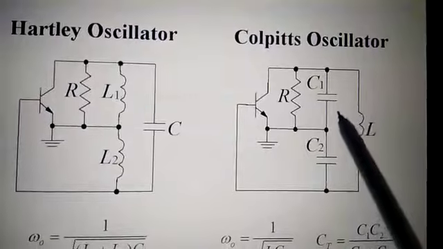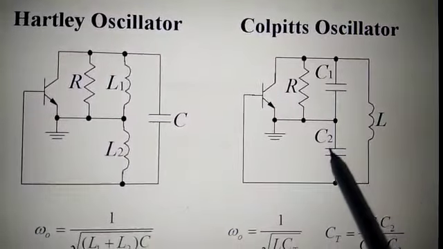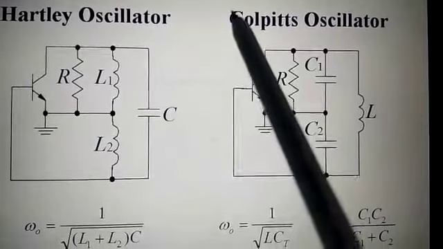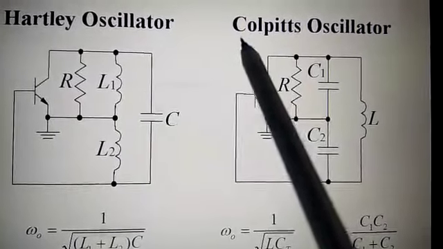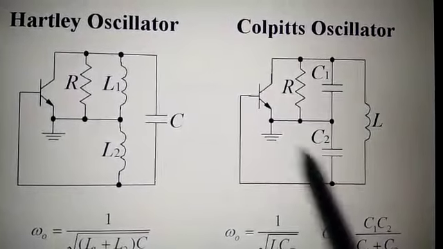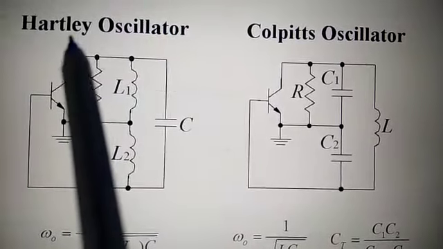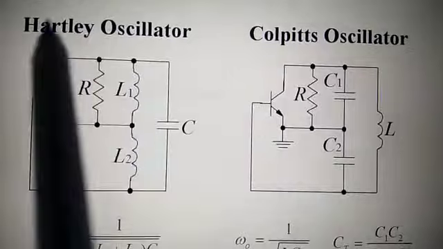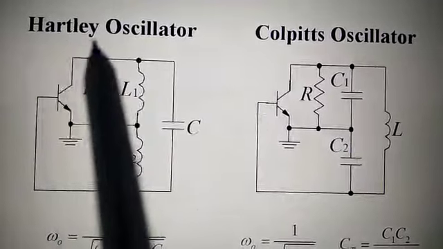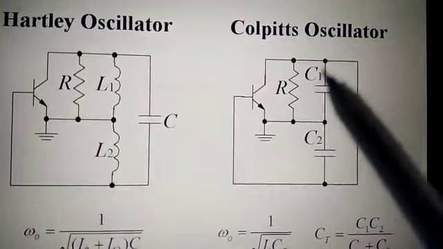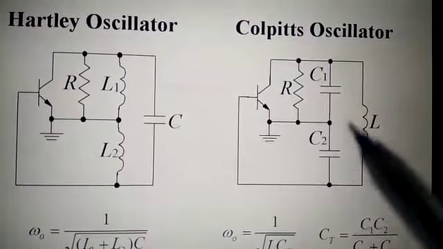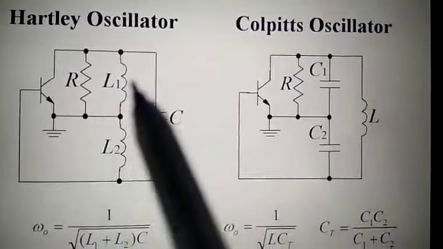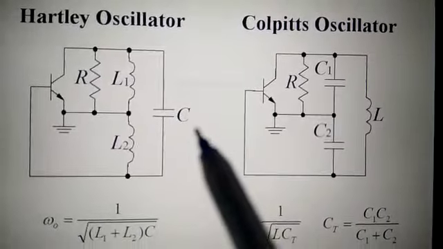In the Colpitts oscillator we use C1 and C2 in series along with a parallel inductor. C in Colpitts stands for C1 and C2. L in Hartley stands for L1 and L2. So you can easily remember: Hartley means two inductors and Colpitts means two capacitors.